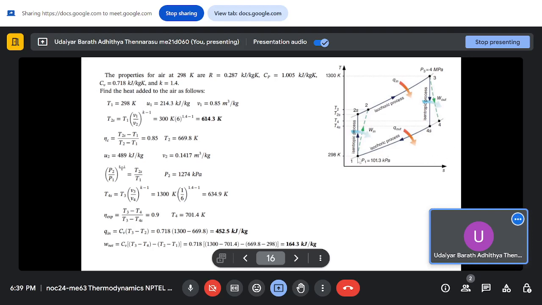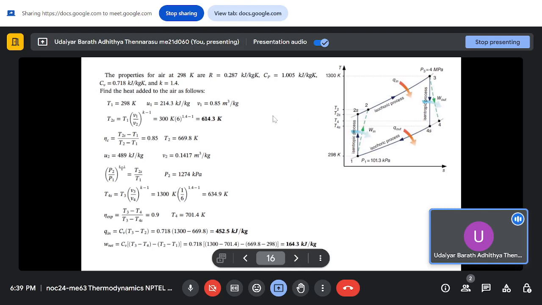So here you can find out U1 as 214.3 kilojoule per kg and the specific volume is 0.85 meter cube per kg. So assuming an isentropic process, your exit T2s you can find out comes out to be 614.3 Kelvin, and they are saying the compression process is not efficient and your efficiency is 0.85.